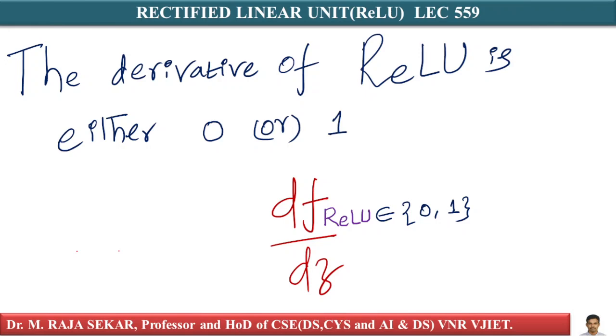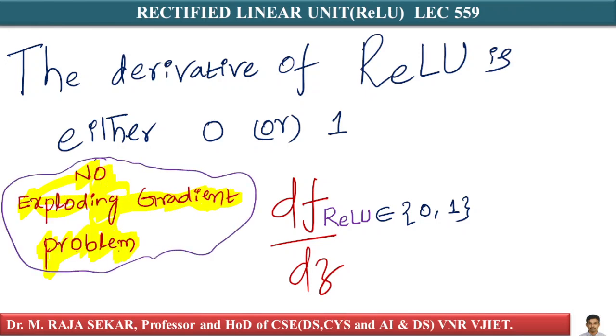Since it takes either 0 or 1, you will not encounter much of the exploding gradient problem, because the maximum value of the gradient is 1. You will not find values like 0.1, 0.2 or 0.3, and we are not multiplying these.